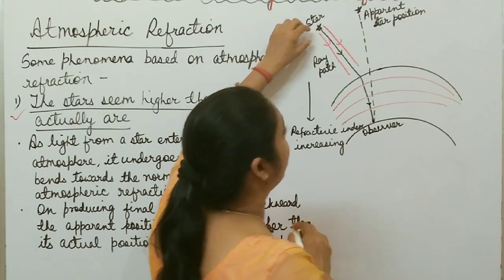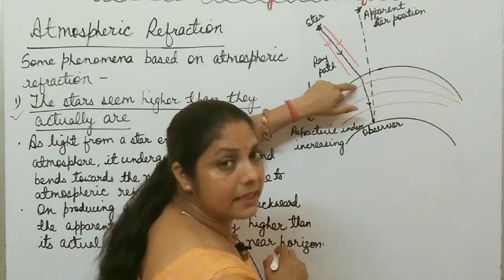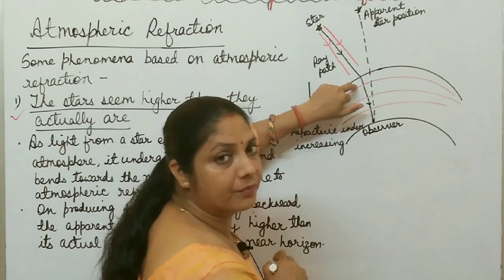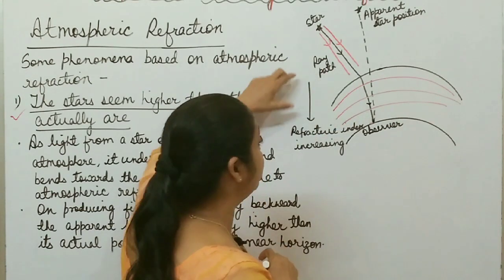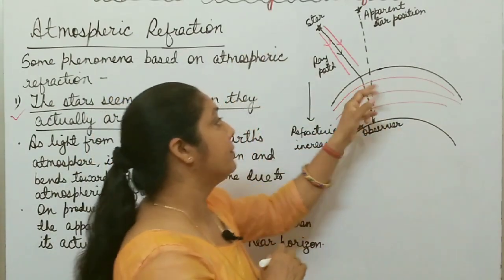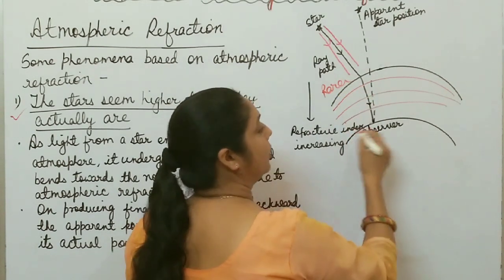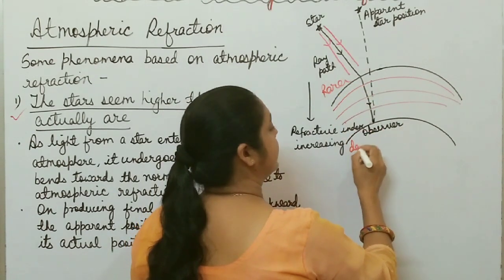So when light from this star is coming and enters the Earth's atmosphere, what happens? You know, the refractive index is increasing in the downward direction. So it means the upper layer acts as a rarer medium and the lower layer acts as a denser medium.